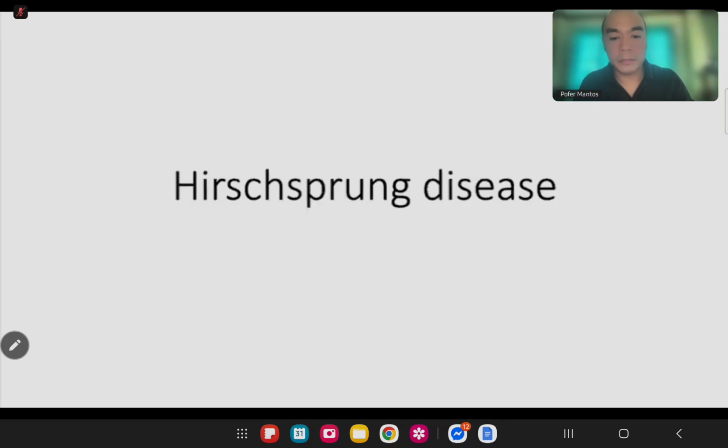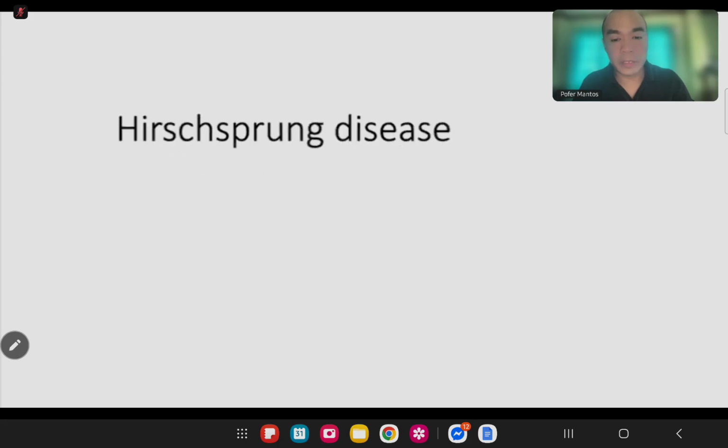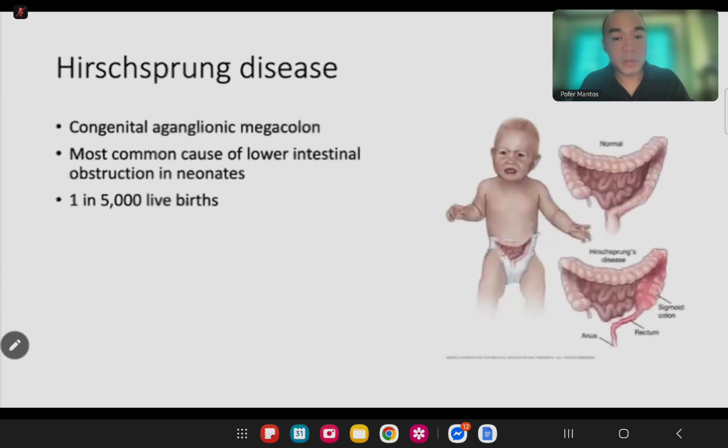Next, another common congenital anomaly, the Hirschsprung disease. So it's the most common cause of lower intestinal obstruction in infants. It's present in 1 in 5,000 live births, no? And the other term for this is the congenital aganglionic megacolon.